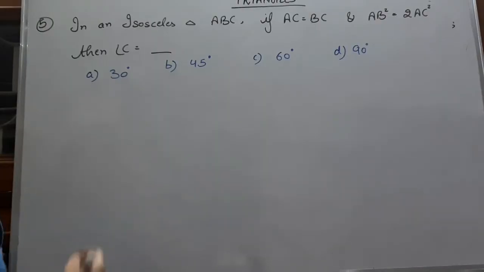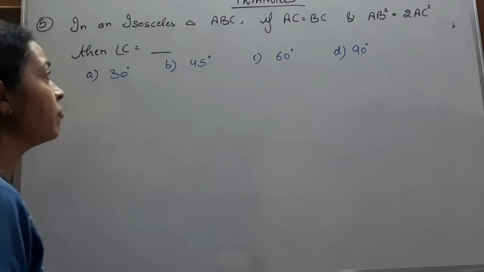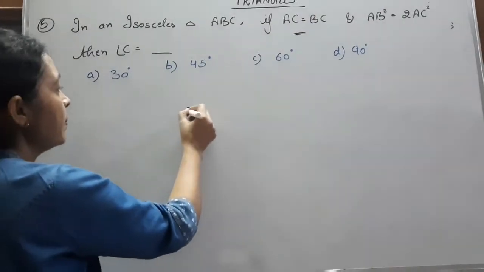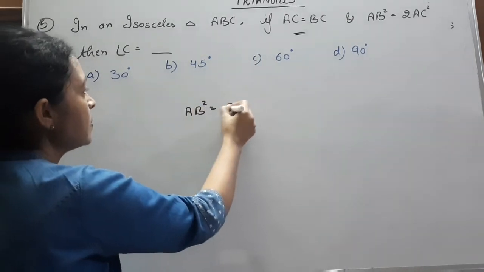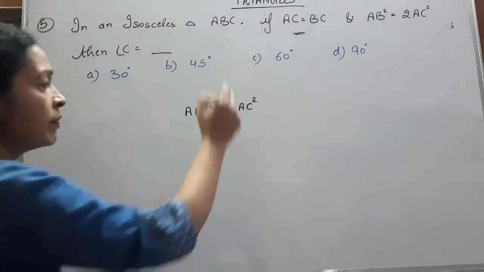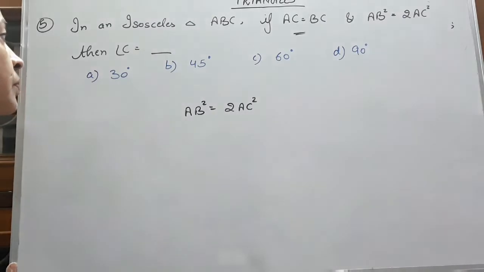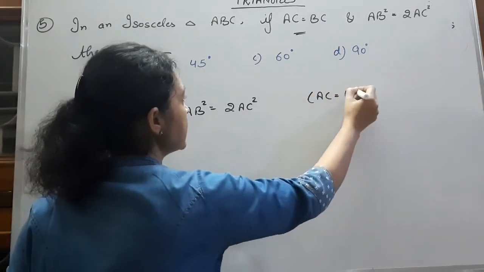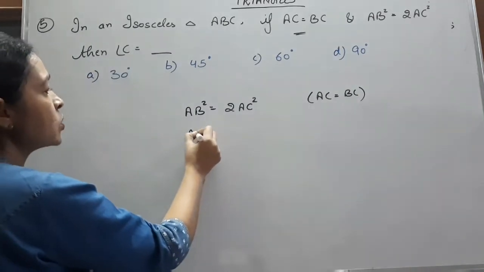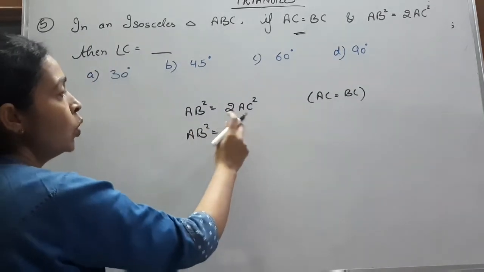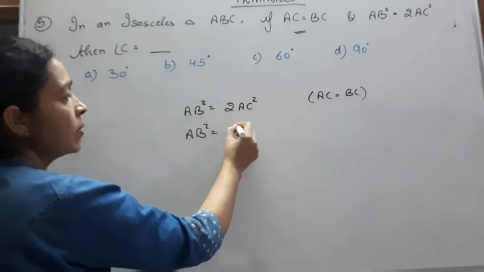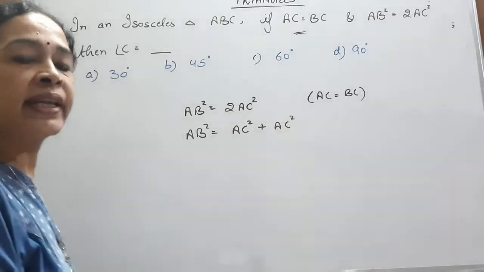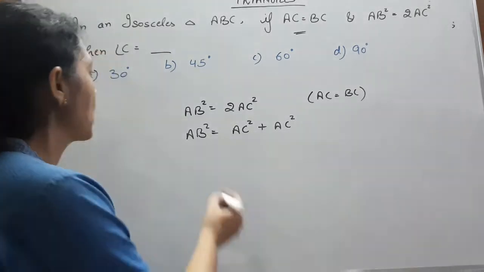In an isosceles triangle ABC, if AC equals BC and AB squared equals 2 times AC squared, we have to find angle C. Now it is given AC equals BC. AB squared equals 2 times AC squared. We can write AC squared plus AC squared. 2 can be written as 1 plus 1.